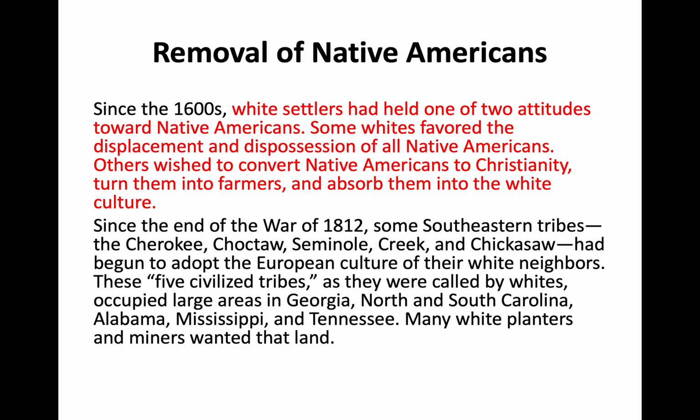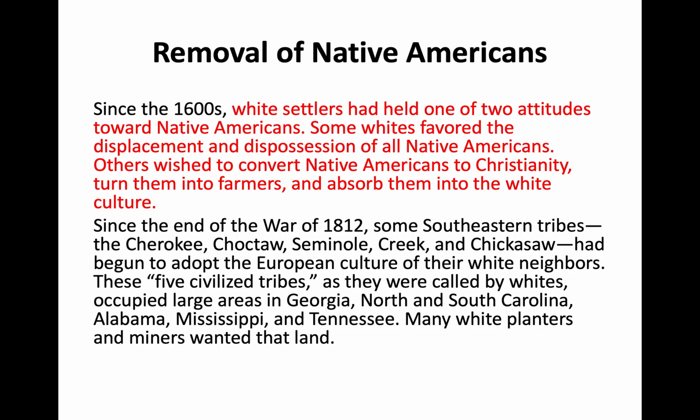All right, the removal of Native Americans. Since the 1600s, white settlers had held one of two attitudes toward Native Americans. Some whites favored the displacement and dispossession of all Native Americans. Others wished to convert Native Americans to Christianity, turn them into farmers, and absorb them into white culture. Since the end of the War of 1812, some Southern tribes, like the Cherokee, the Chickasaw, the Seminole, and the Creek, had begun to adopt the European culture of their white neighbors.